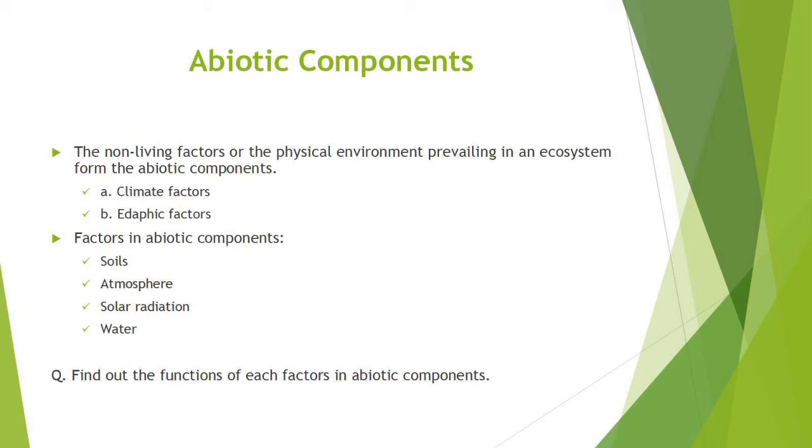Atmosphere provides carbon dioxide for photosynthesis and oxygen for respiration for the organisms found within ecosystems. The process of evaporation, transpiration, and precipitation cycle water between the atmosphere and the Earth's surface.